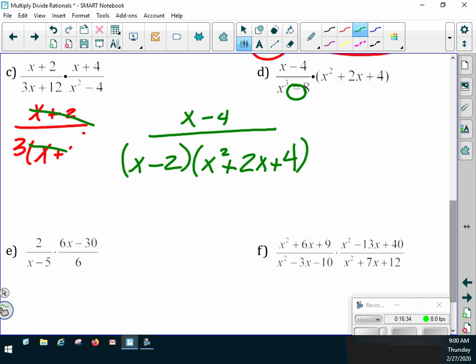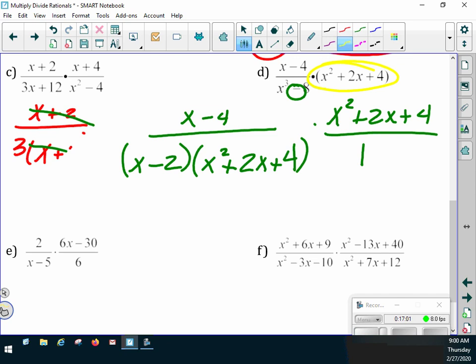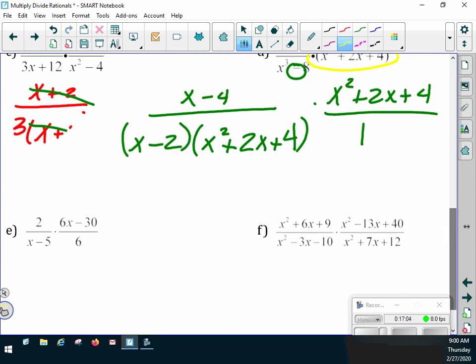Do you remember why that one is always positive? Remember where it came from? Squaring. If you square anything, it's always positive. What's the denominator here? 1. So this is times x squared plus 2x plus 4 over 1. Do we have any common factors?